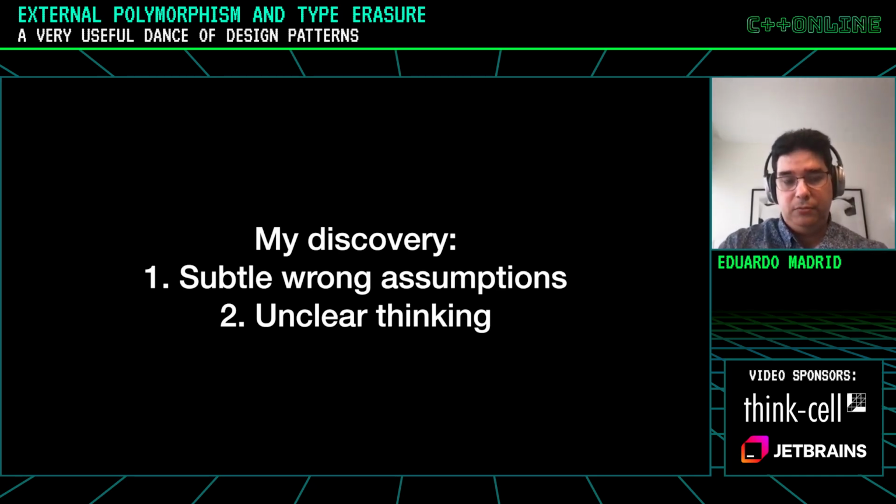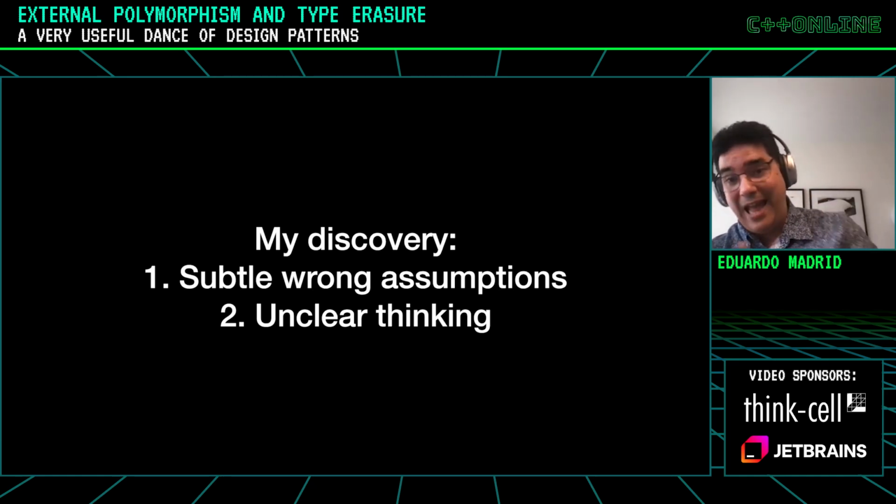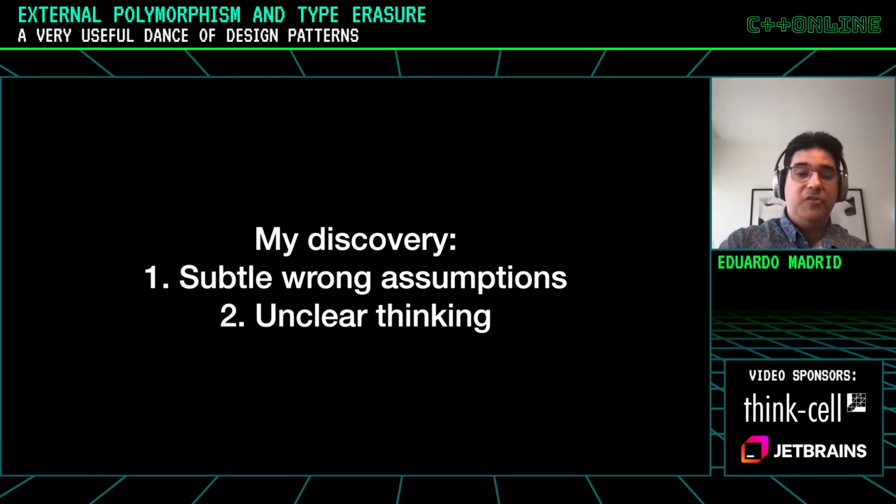And number two, people don't really understand the theory behind it, what we really want to do, like the formal concept of substitutability and so on. And this problem leads to unclear thinking, and the unclear thinking makes it so that we don't get it right. We hurt ourselves. We think that type erasure is a technique that has costs that it actually doesn't have. It prevents us from seeing advantages and capabilities that type erasure does have.